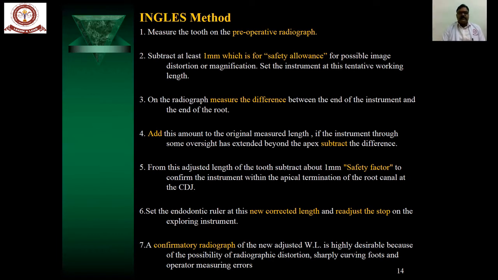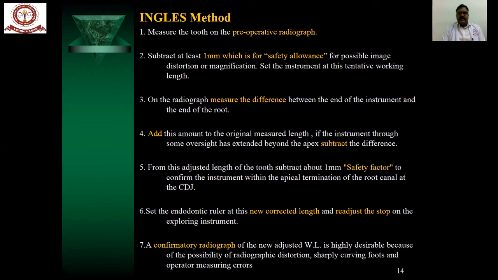From this, you subtract about 1 mm, which is for safety allowance. You all know there might be some distortion in the image or magnification. So in order to compensate for this, you subtract about 1 mm from the measured preoperative measurement.